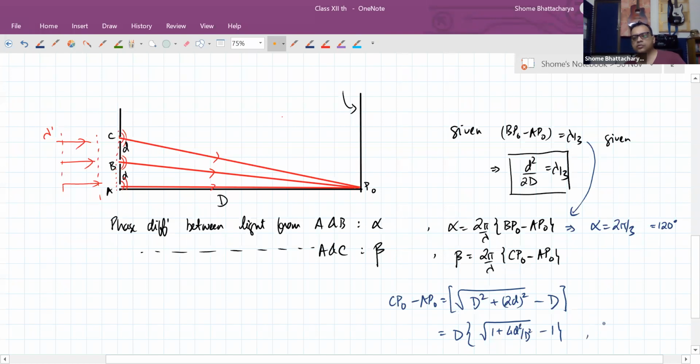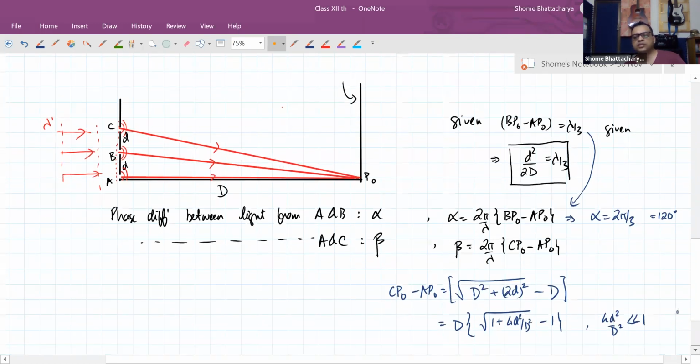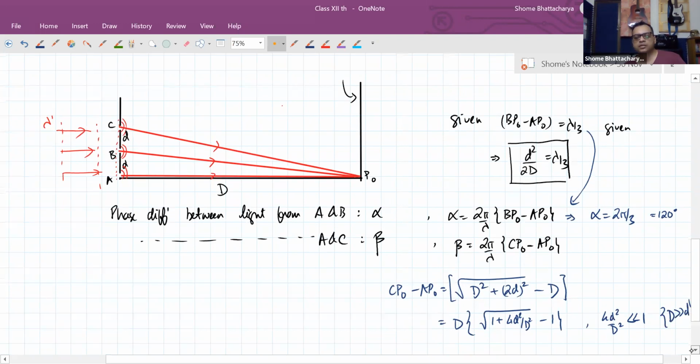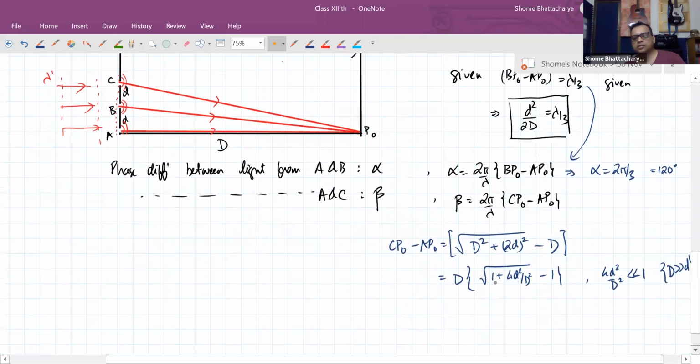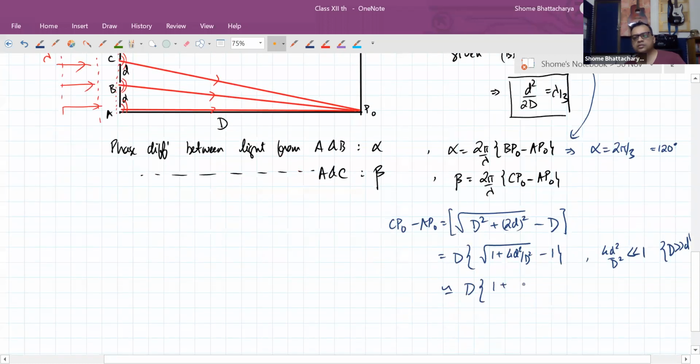Now 4d square by D square is still very small compared to 1 because capital D was very large compared to small d. So approximation step: 1 plus 2 times d square by D square minus 1. So this becomes 2d square by D. So Cp naught minus Ap naught, this quantity becomes this.